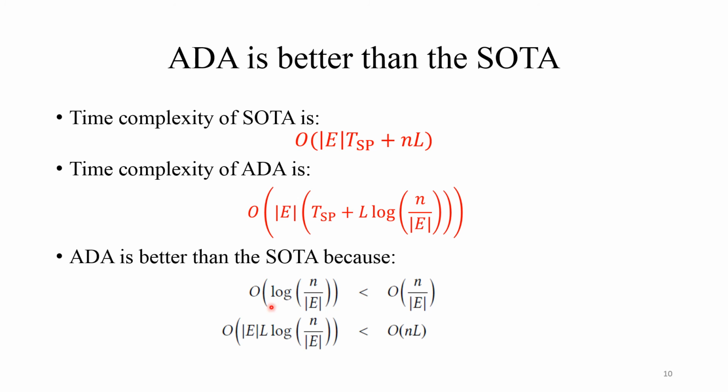You need to know that O(log N over |E|) is smaller than O(N over E). Now, let's multiply |E| times L on both sides. Then you can conclude that O(|E| L log N over E) is smaller than O(NL). That means the second term here is smaller than the second term here. Hence, we show that ADA is better than the state-of-the-art solution.